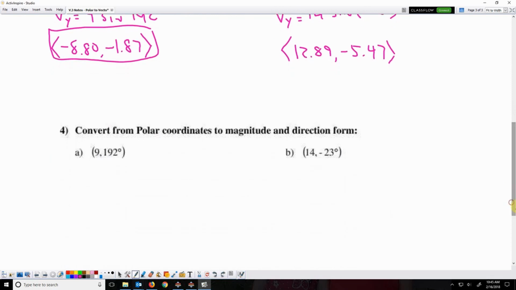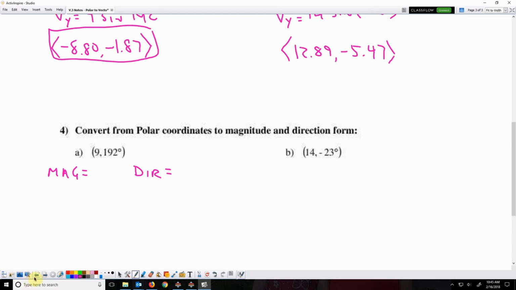And last, we are going to convert from polar coordinates to magnitude and direction form, which means in the end we want to just write magnitude equals, direction equals. So a lot of times when I allow you to try this on your own, what ends up happening is you do all the work we did above to put it in component form, and then you use the distance formula to get the magnitude, you use trigonometry to get the direction.